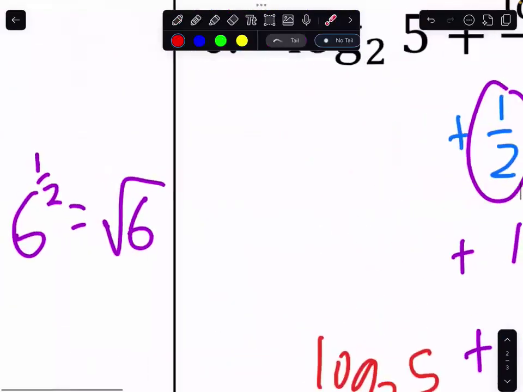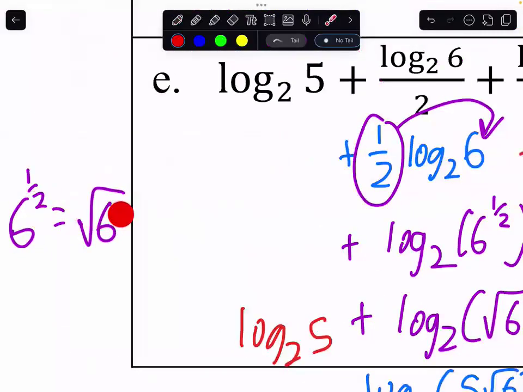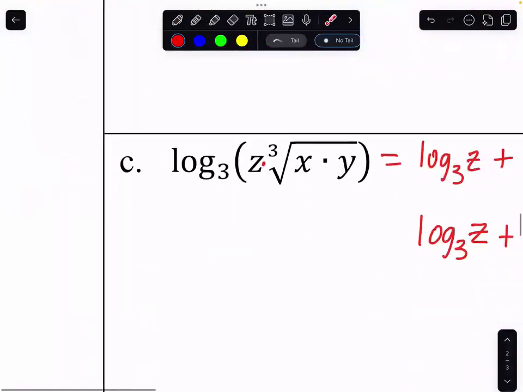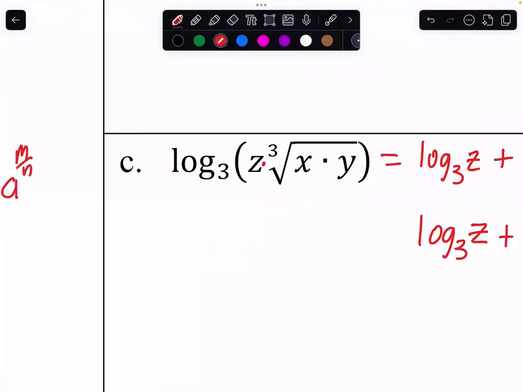So I mentioned above that 6 to the power of 1/2 equals the square root of 6. But in more general terms, a to the power of m over n equals the nth root of a to the power of m.